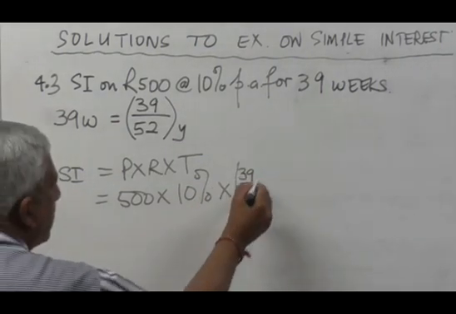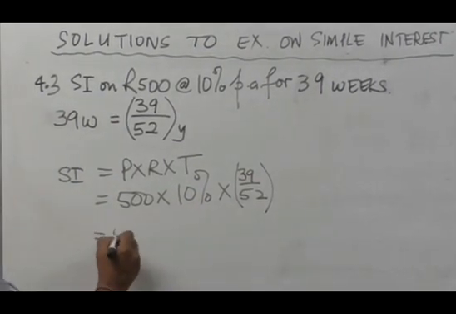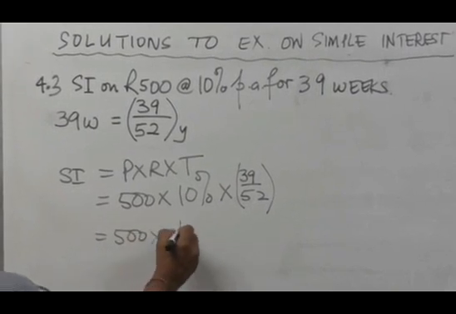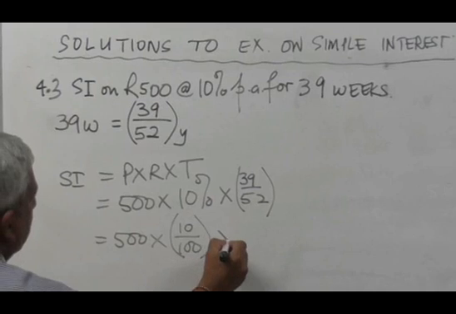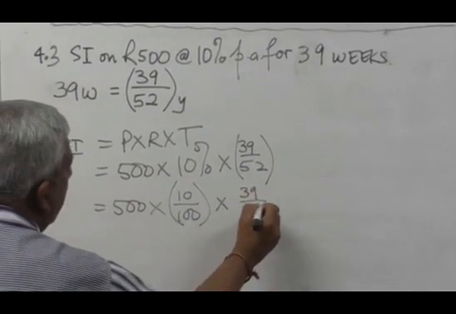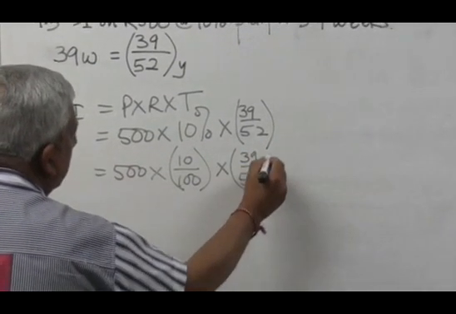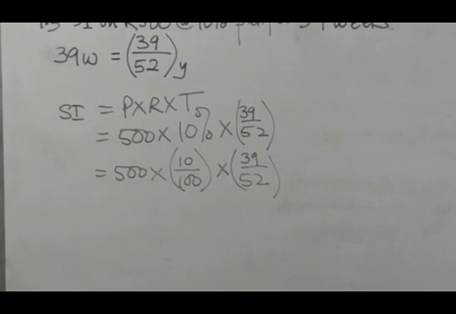It's a good habit to keep this in a bracket. That is equal to 500 times 10 over 100, and it's also a good habit to keep this in a bracket, times 39 over 52. So you put that in your calculator.